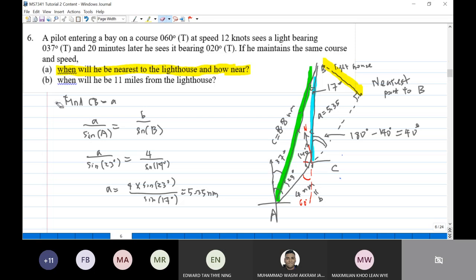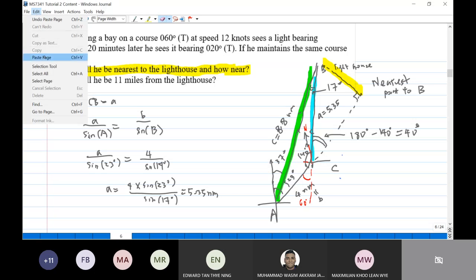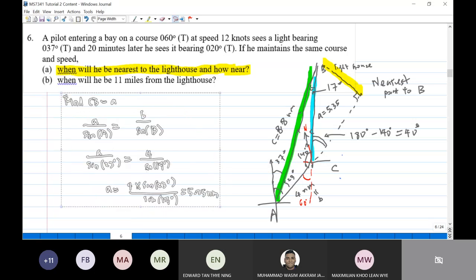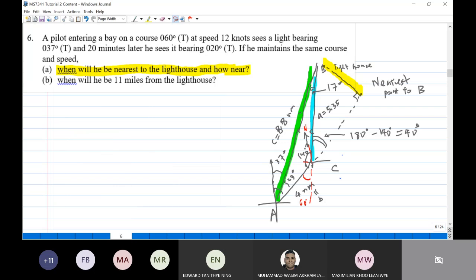Because I know A, I can draw a right angle triangle now. So the nearest distance is actually the one I highlight in yellow now. So the nearest distance to a pirate.